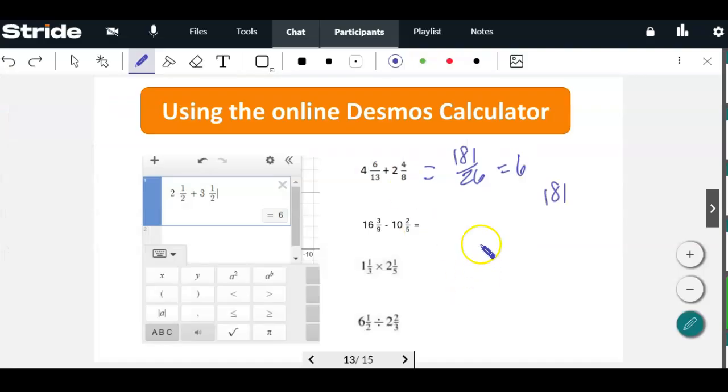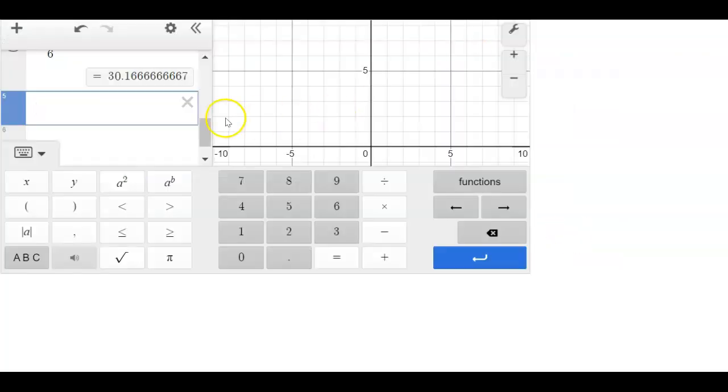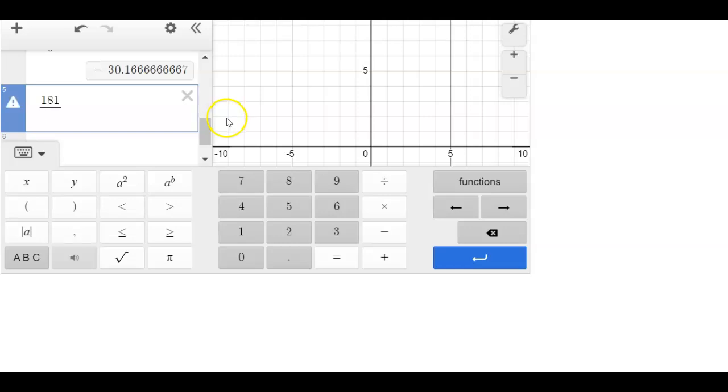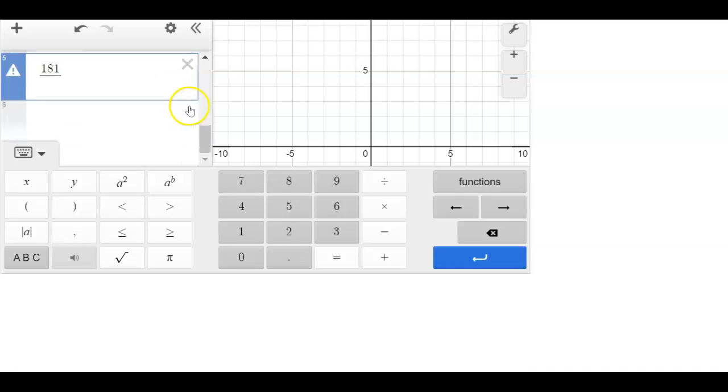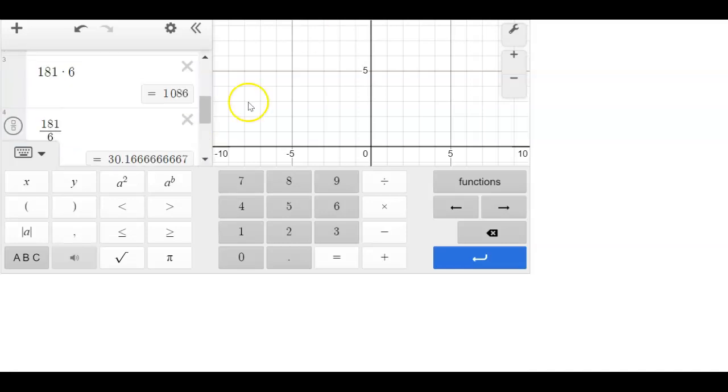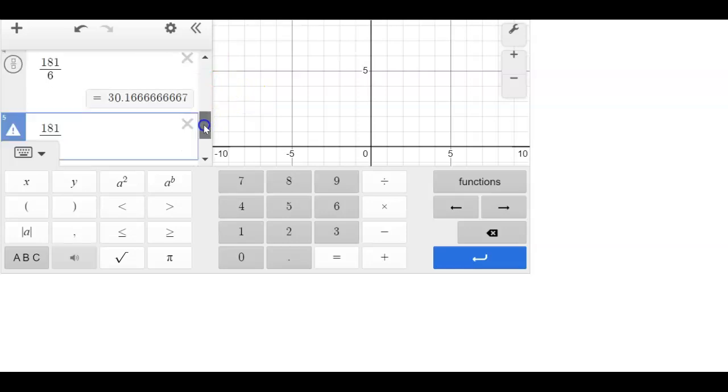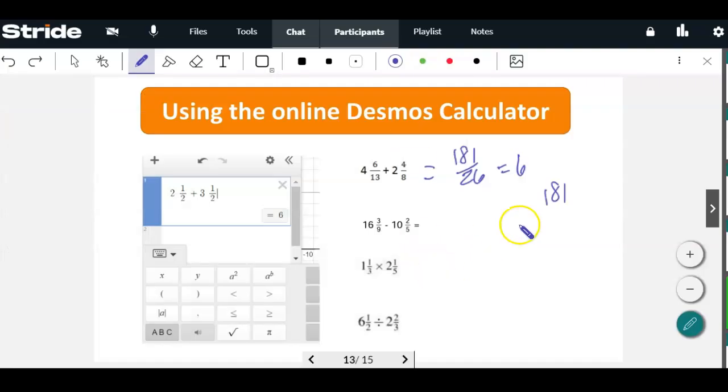So we know it's, why am I doing 6? Sorry, 181 divided by 26. All right, let's make sure. 26. Well, no, we're doing 6, so it's going to be 30. Let's go 6.